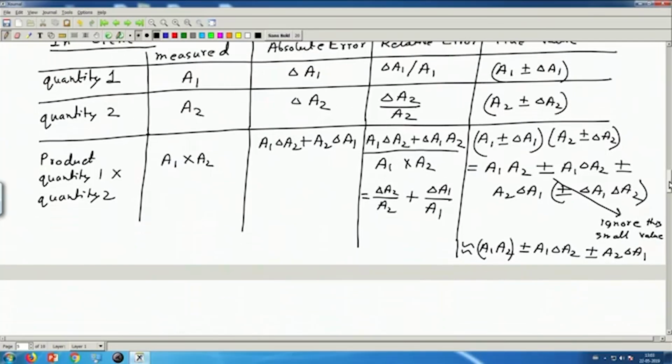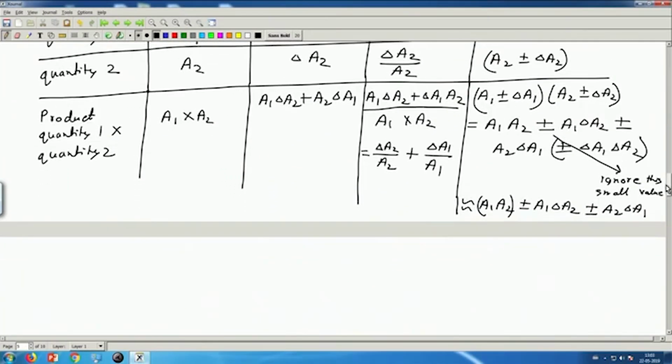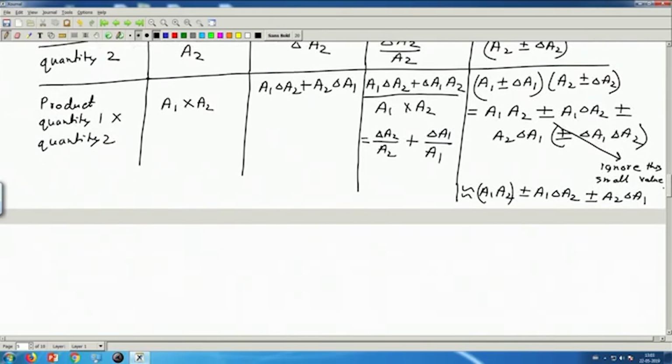Okay. Now this is also true for division. So let's take another row. Let's take the division. Suppose we want to find the ratio of A1 and A2. This is the estimated value of A1 by A2.